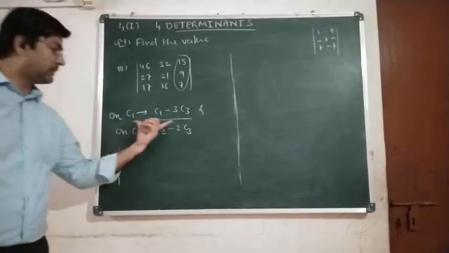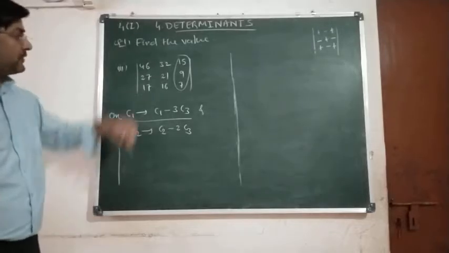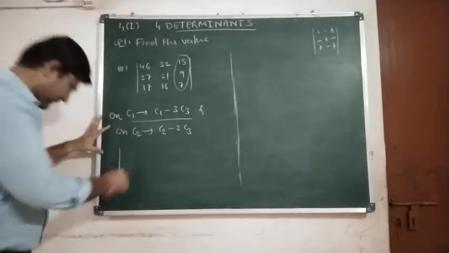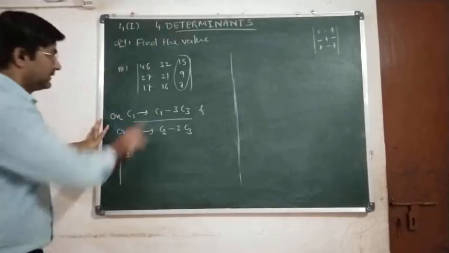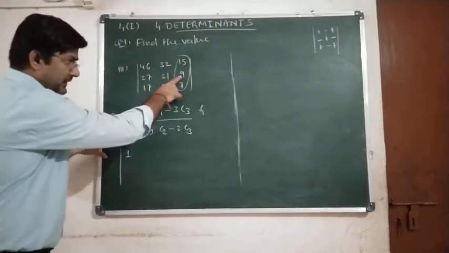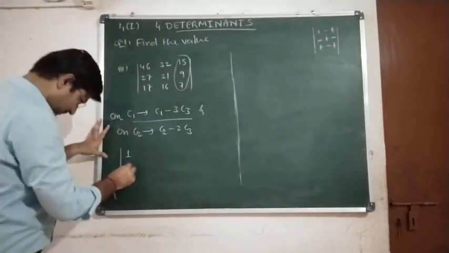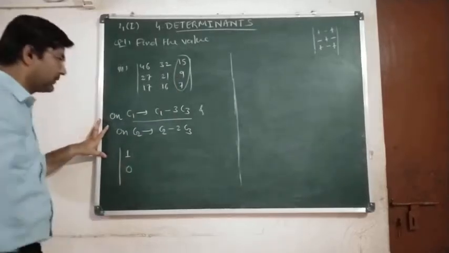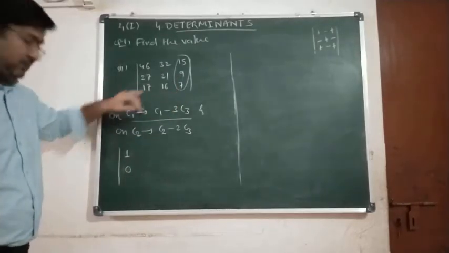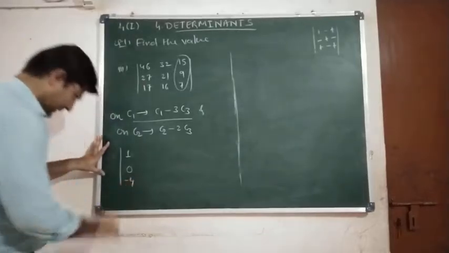I am talking about the first operation at present. So 15 3s are 45, 46 minus 45 we write 1. 3 3s are 9, 3 9s are 27, 27 minus 27 will be 0, and 7 3s are 21. So 17 minus 21 will be minus 4.